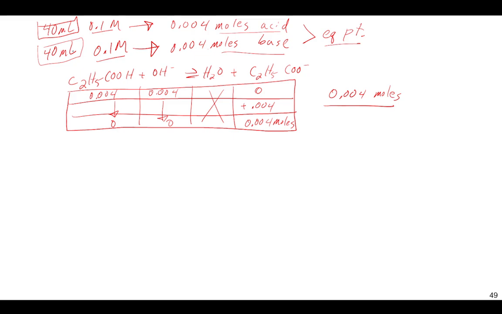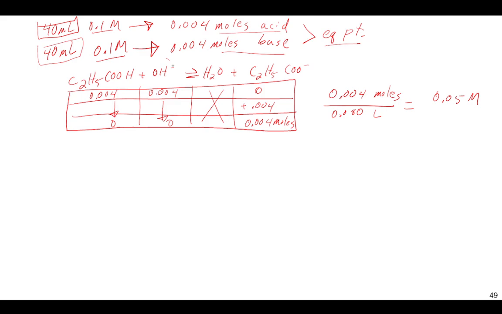So it is important to figure out how many milliliters of base you added, because here's the point where we have to use the total volume of 0.08 liters. So now I have this concentration of conjugate base that I've created. Okay, 0.05 molar.